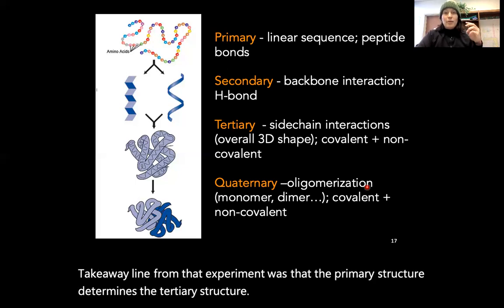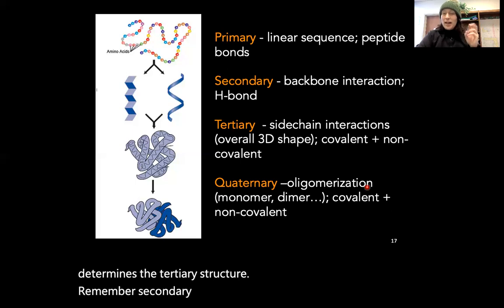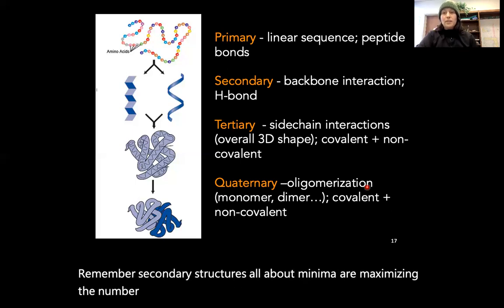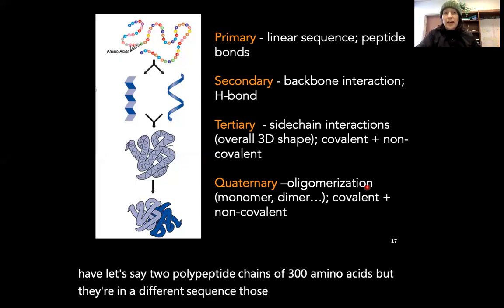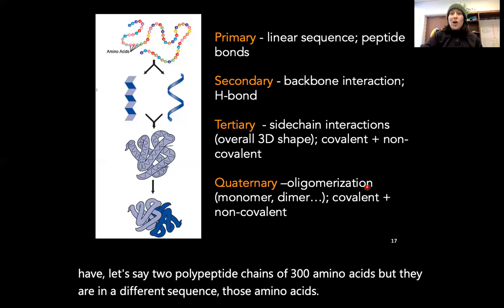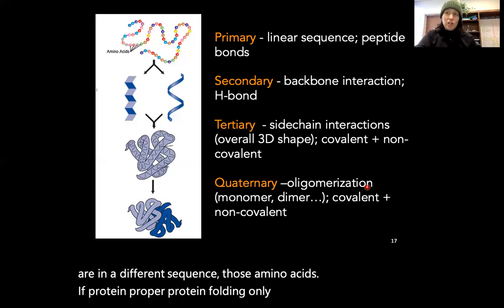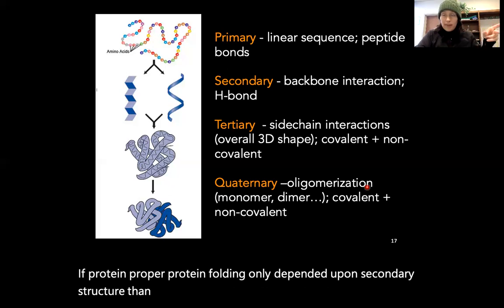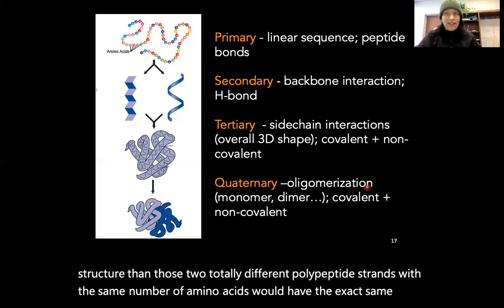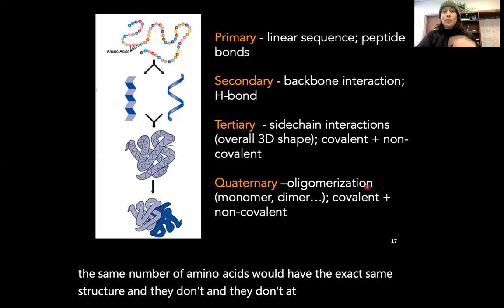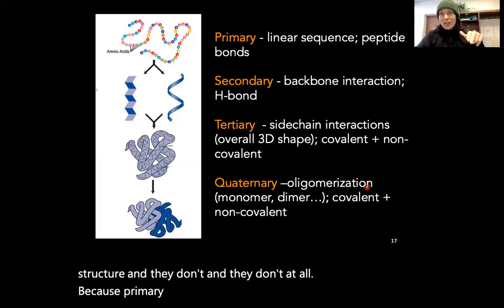Remember, secondary structure is all about maximizing the number of hydrogen bonds of the backbone atoms. But if you have, let's say, 2 polypeptide chains of 300 amino acids, but they're in a different sequence, those amino acids... If proper protein folding only depended upon secondary structure, then those 2 totally different polypeptide strands with the same number of amino acids would have the exact same structure. And they don't. They don't at all, because primary structure determines tertiary structure.